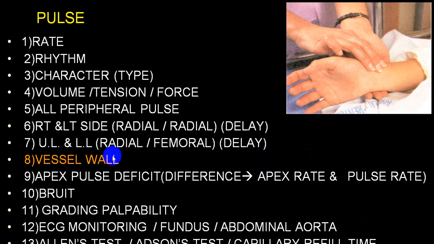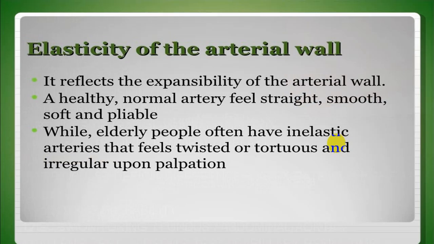Now we come to the vessel wall. In a normal person, the vessel wall of the artery cannot be palpated because the artery is collapsible. But whenever the vessel wall is thickened, either because of atherosclerosis or because of fibrosis, like senile, or maybe because of infiltration of the arterial wall, the vessel wall may become palpable.